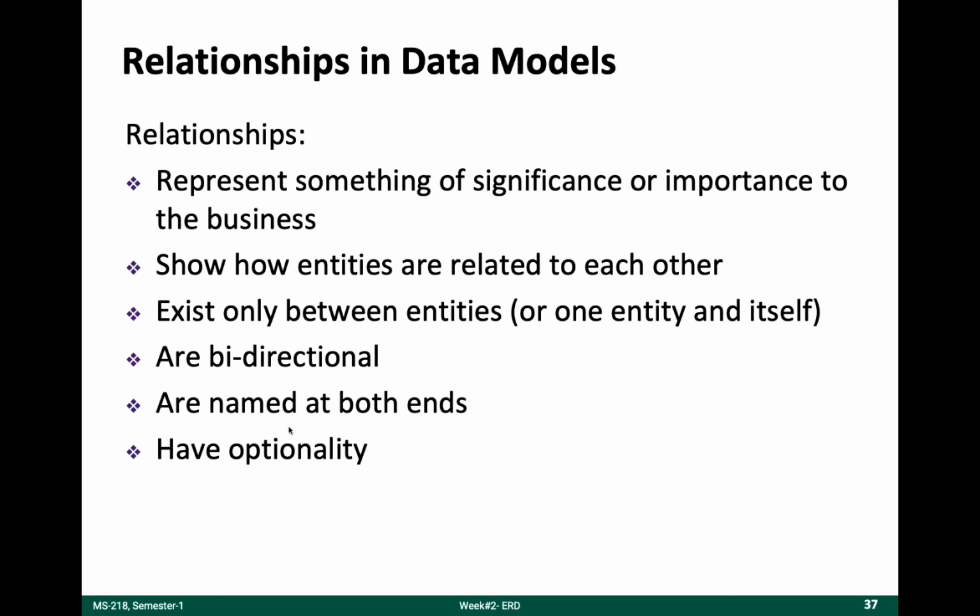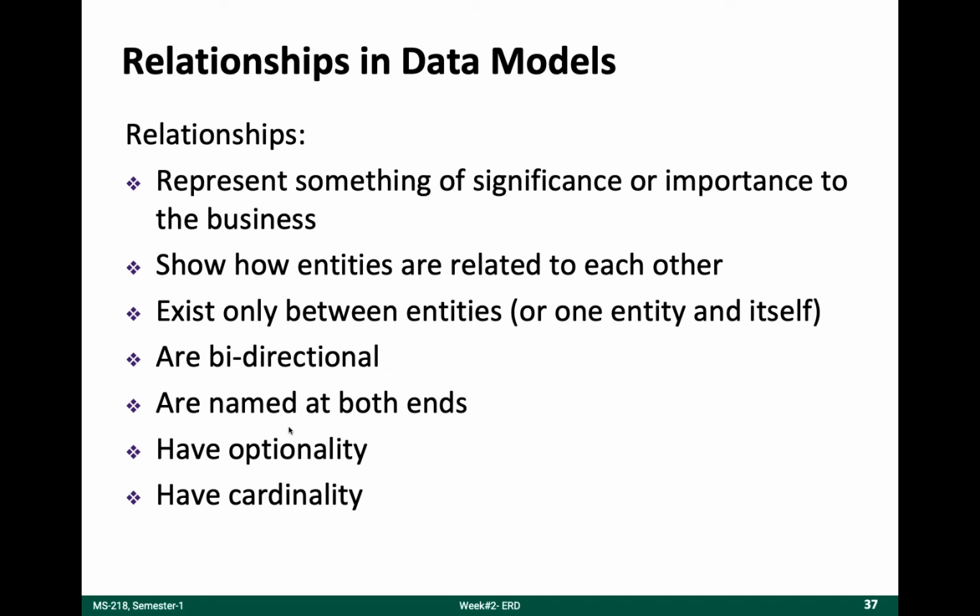Then there is another thing, cardinality. So when we are defining relationships, we have to take care of two things: optionality, maybe or must, and the second thing, cardinality, whether the relationship is one-to-one or one-to-many. We will define optionality and cardinality in more detail in the next slides.